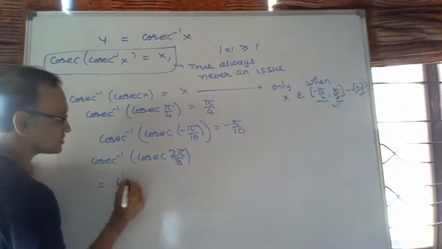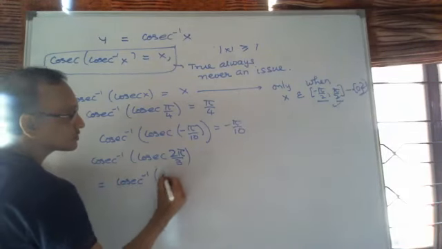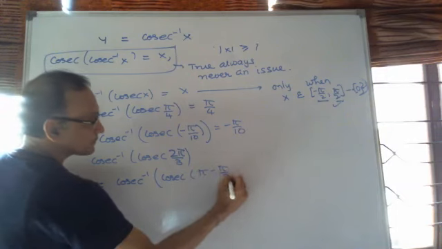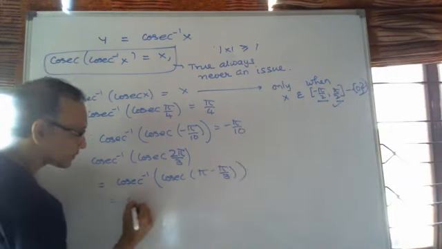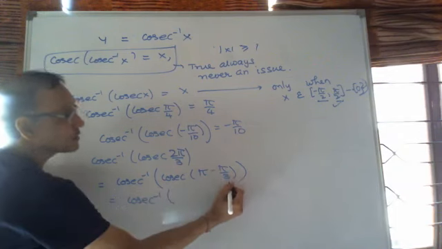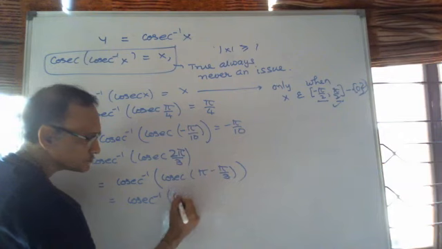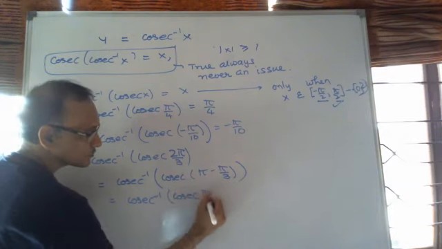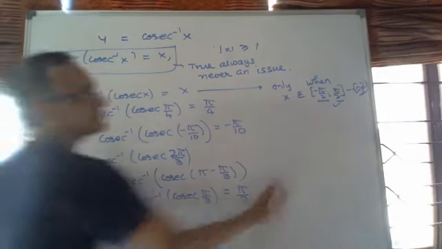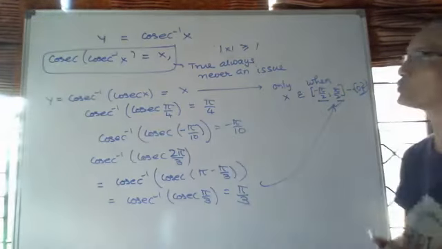This is cosec inverse cosec pi minus pi by 3. Cosec pi minus theta is cosec theta. Now this will be pi by 3, no issues, because pi by 3 now belongs to this interval.